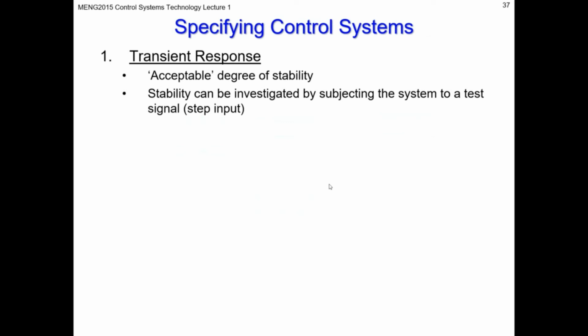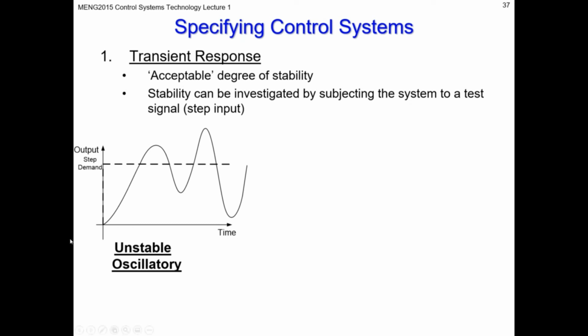So let's look first of all at what we call the transient response. This is how quickly the system responds and how stably the system responds to changing inputs or changing disturbances. So the transient response, and we looked at this with the aircraft example as well.